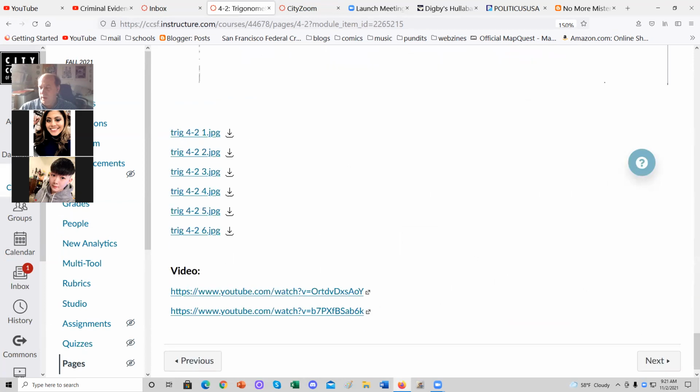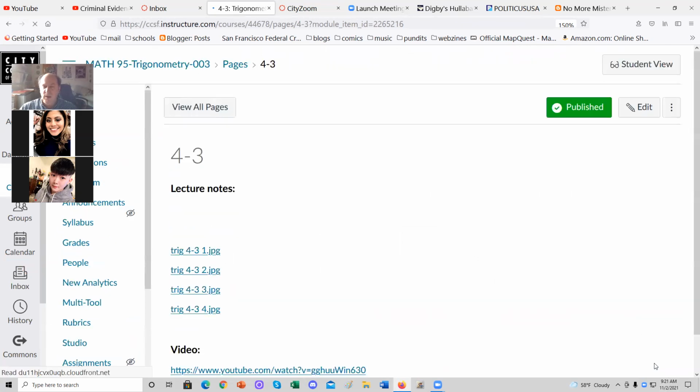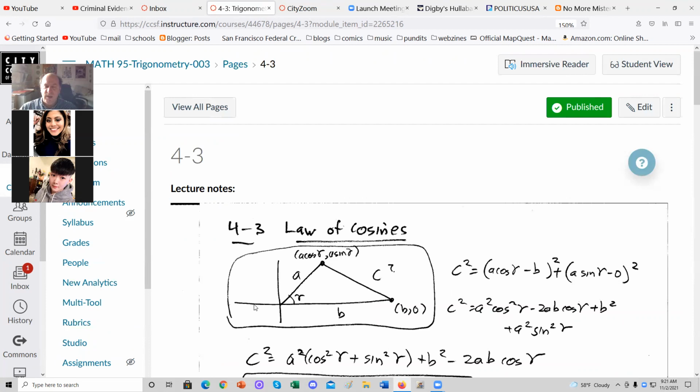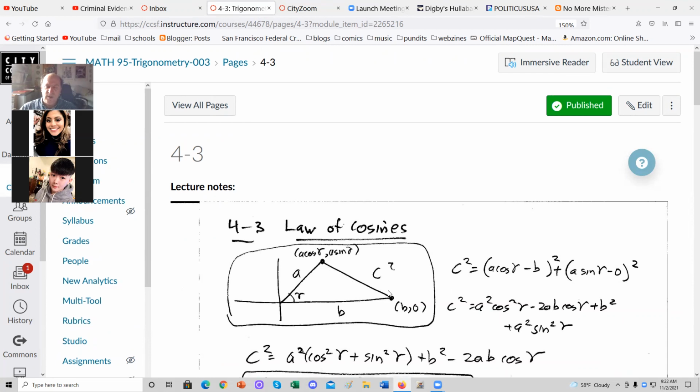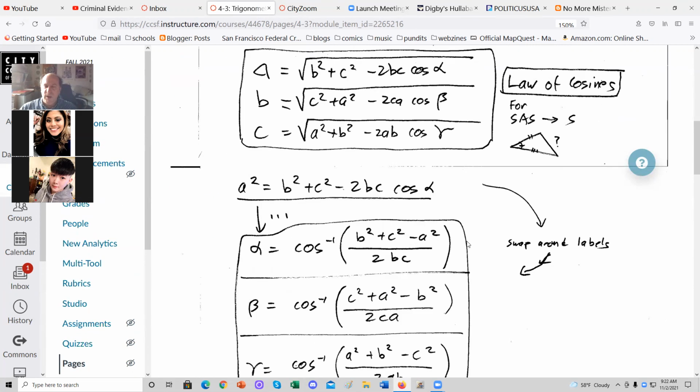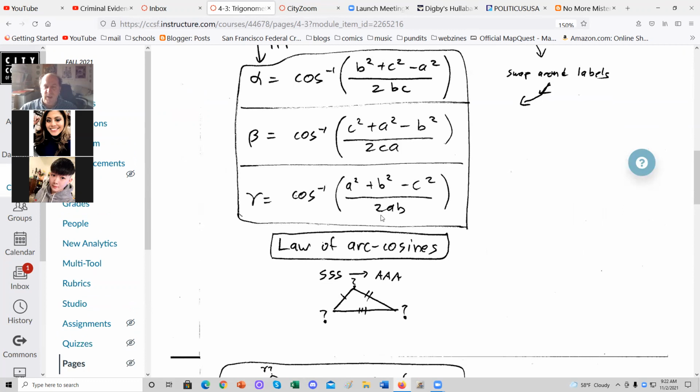And then with law of cosines, we can solve side angle side problems for the far side, and then use our law of arc cosines to find the other two angles. And by law of arc cosines directly we can solve side side side problems. And that, I believe, is pretty much all the possible triangles.